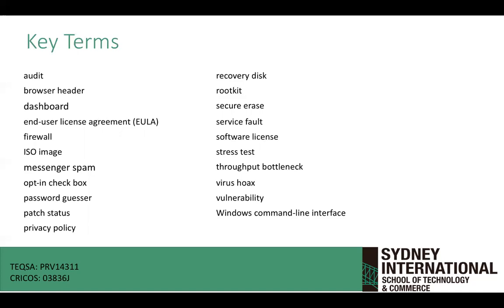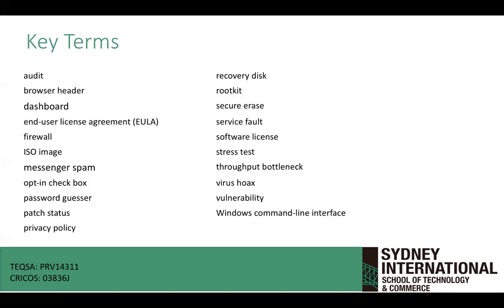There are many, many relevant terms. We know the basic things such as software license, service fault, things like that. End user license agreement: we need to buy a license for the actual applications we use. A firewall, for instance, enables me to ensure my network is protected from unauthorized access.